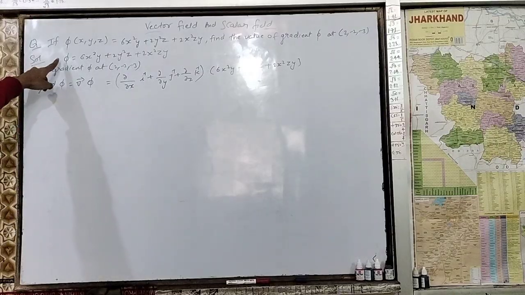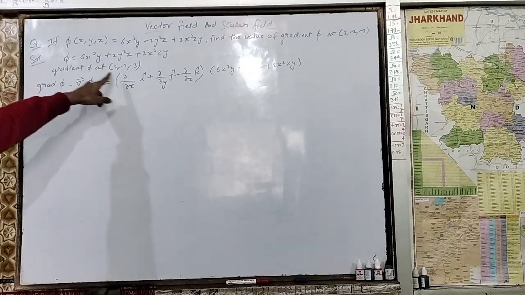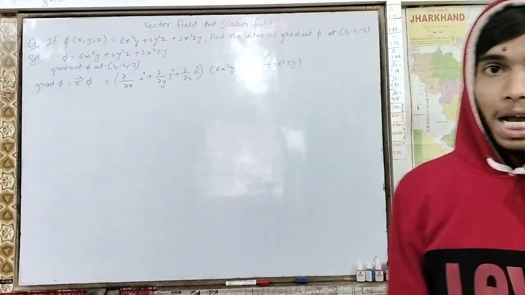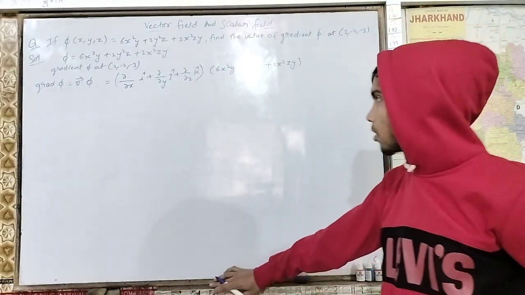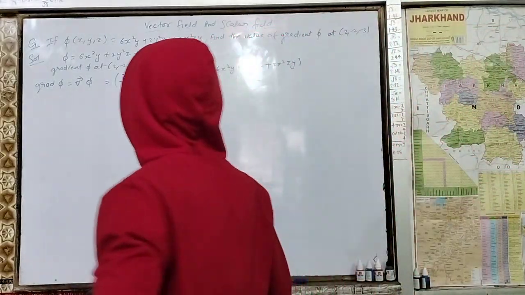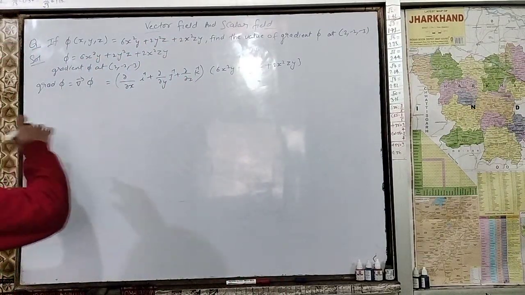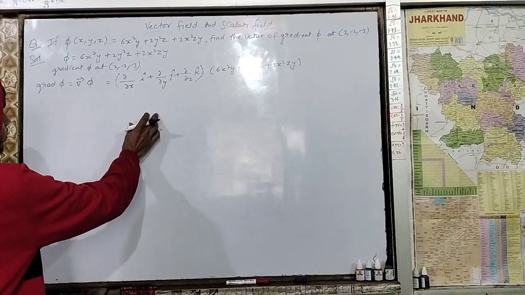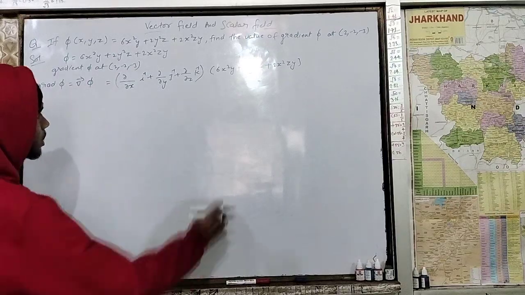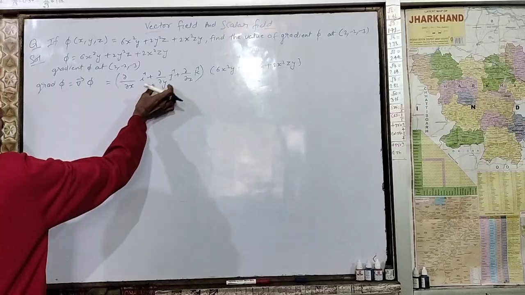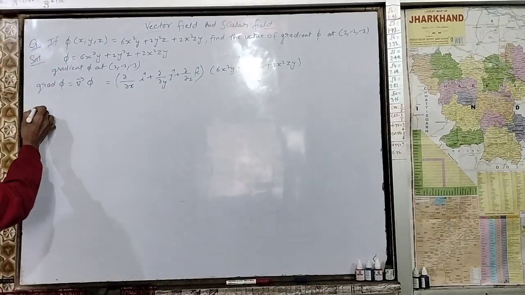We are using the dot product because phi is given. If there is a vector, then we use the divergence of a vector. Okay, divergence of vector. So just keep this in the first term, this in the second term, this in the third term.